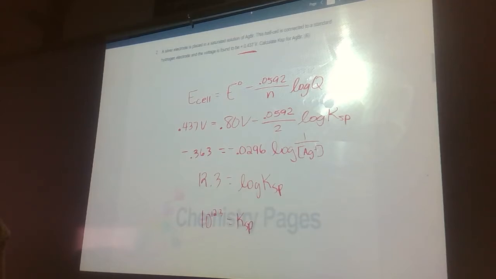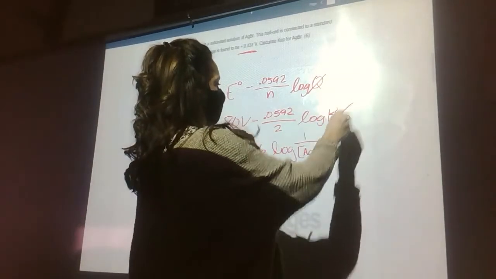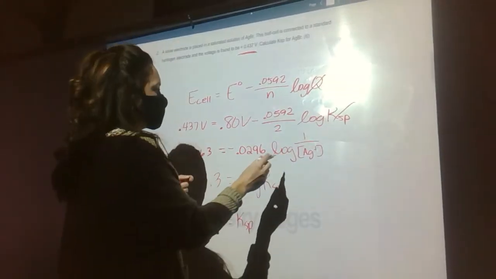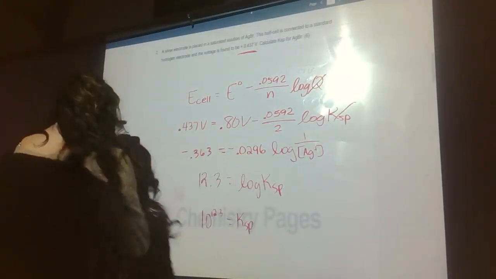So I see how we get the 7.38 times 10 to the negative 7, because instead of putting a 2 before n, they put 1. And so if you solve the equation with a 1, then you get the 7.38, but I don't know how they got the 5.45. Okay, so then you're not solving for Q here. You're solving for 1 over silver concentration, because they're saying that this is just for the silver part.